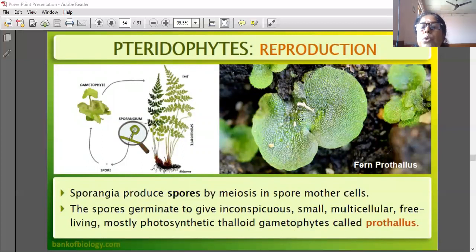Inconspicuous means not prominent. You can see the structure here: a small, multicellular, free-living, mostly photosynthetic thalloid gametophyte called the prothallus.